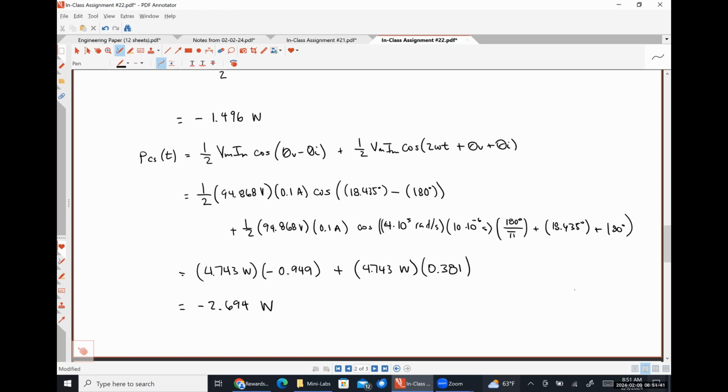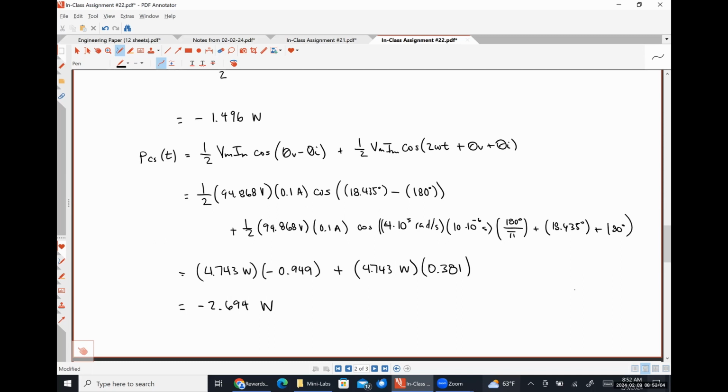Okay, so what I'd like to do now, and really I'm just doing this because we're going to wind up using these relationships at the beginning of our next class meeting, is more formally look at the math behind why 1/2 VmIm cosine(theta v minus theta I) comes out to be the average power.